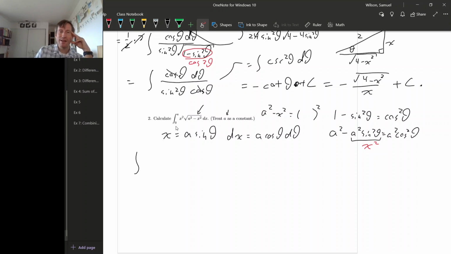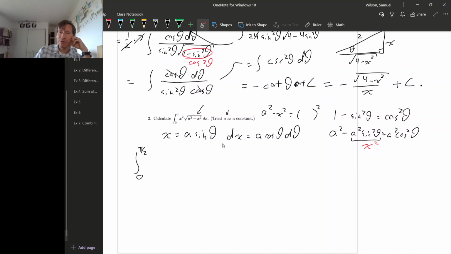So when x is 0, to make sine produce 0, the angle has to be 0. It doesn't have to be, but we should use the restricted domain of sine from minus pi over 2 to plus pi over 2. So in that domain, theta has to be 0 to produce 0. To make this whole thing produce a, theta has to be pi over 2.